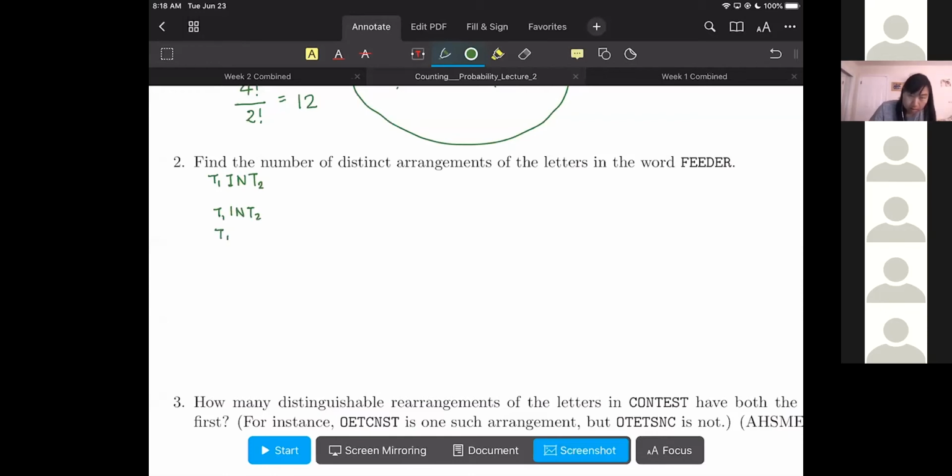Let me know if I'm missing one, but I'm going to try to be pretty systematic about this. So here I'm going to start with everything that begins with T1. I'm going to list it all out. And then next I'm going to list out everything that begins with I.